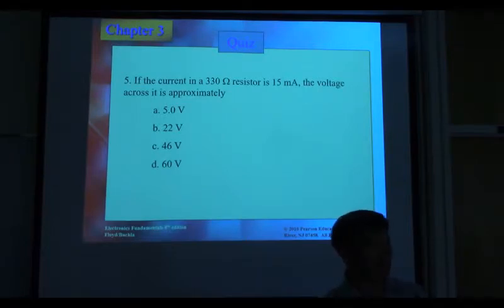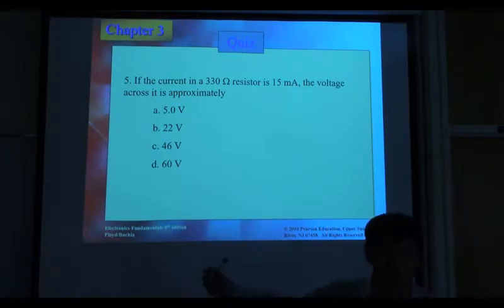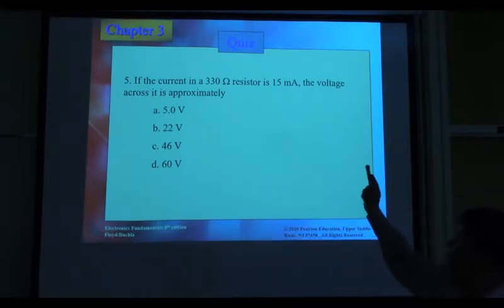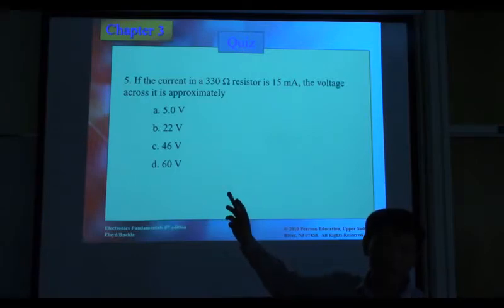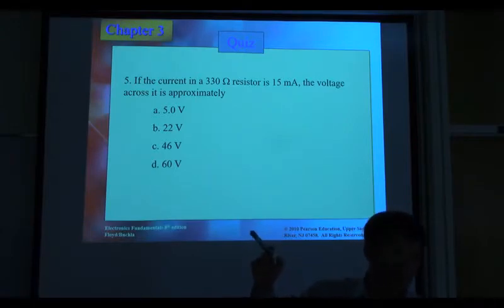If you are in the field, you are engineers, right? You go to climb somewhere, you don't have a calculator, how to guess this? Look at this, 15 milli. That one is equal to 330. Looks like if we move 3 digits, that is 0.33 K, 0.33 kilo ohm.